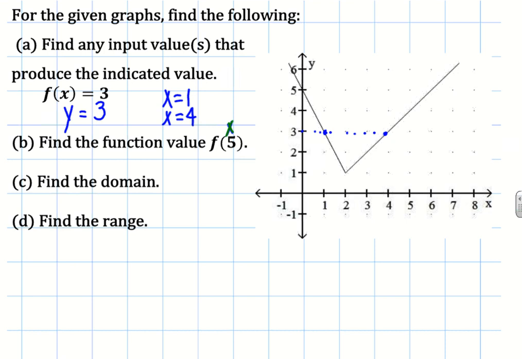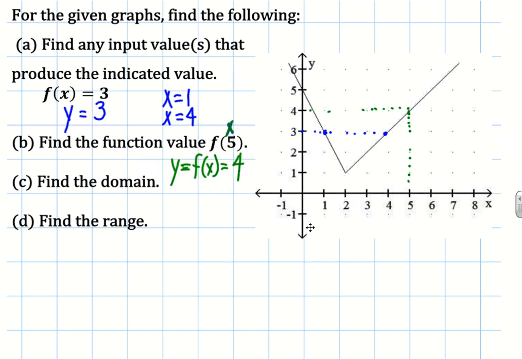If I look on the x-axis at 5 and go up, we have y, f of x, is equal to 4. Remember, the domain is the x values, and the range will be our y values.